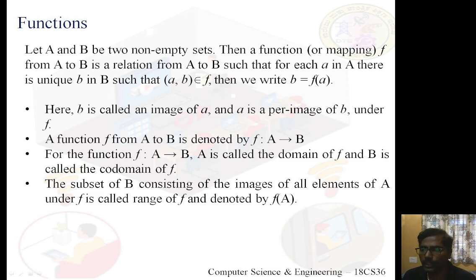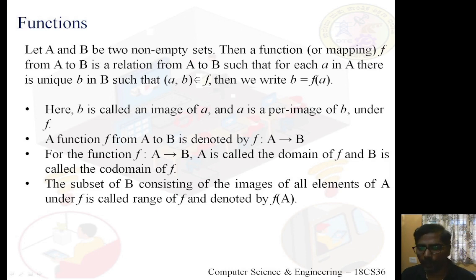So let me tell you, what is the range of a function? I repeat, listen. Range of function f is nothing but the set of all those elements of the codomain which appear at least once as an image.